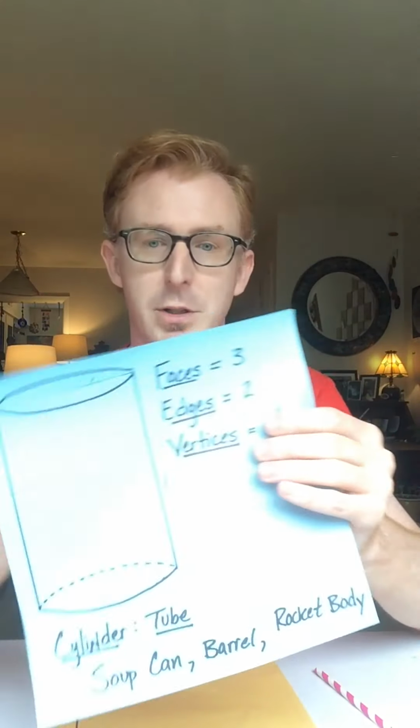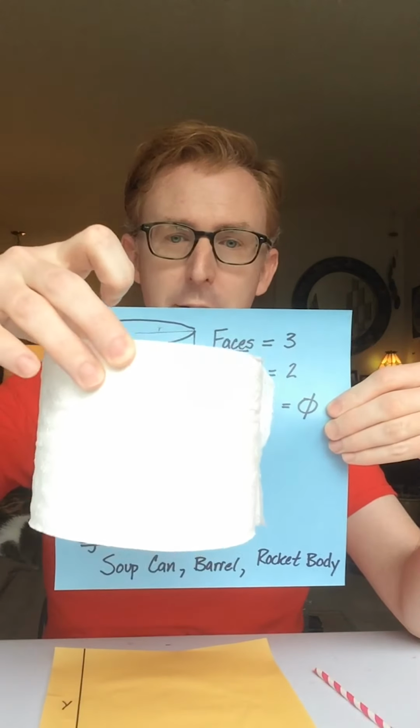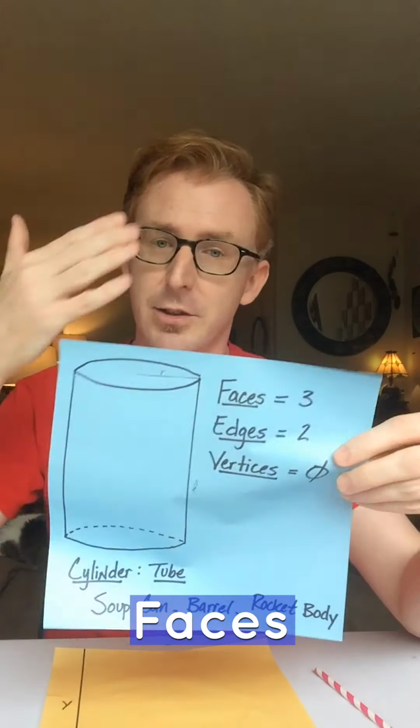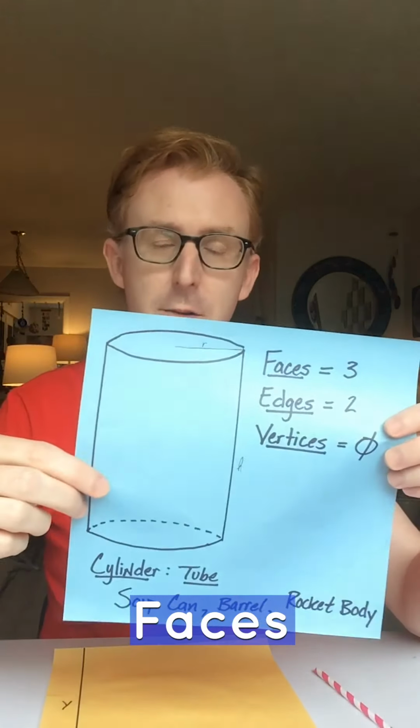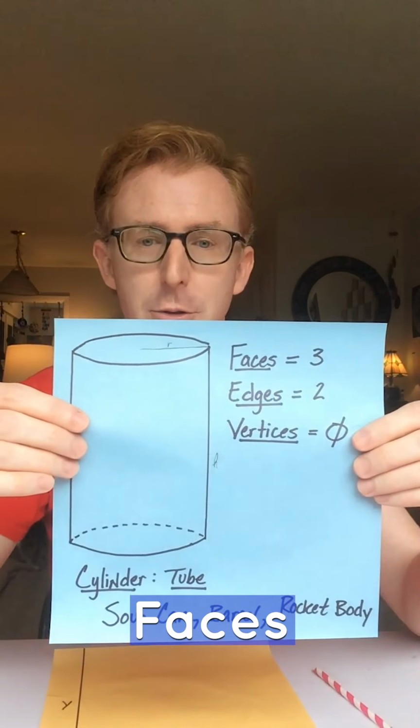Now, other shapes you can do the same thing from its two-dimensional shape to its three-dimensional shape. The cylinder happens to be our first example of the three-dimensional shape, where you have with the toilet paper, you have three faces. Just like us, we have a face, which would be like your side on a flat two-dimensional object.